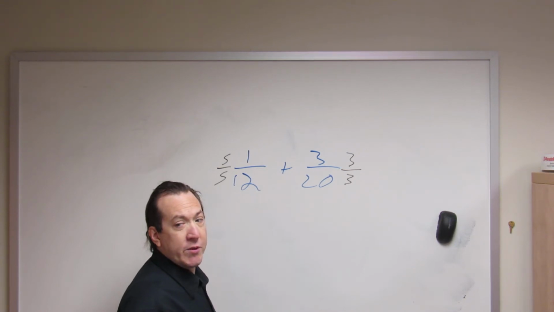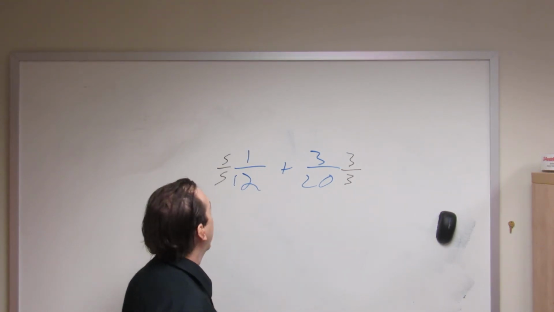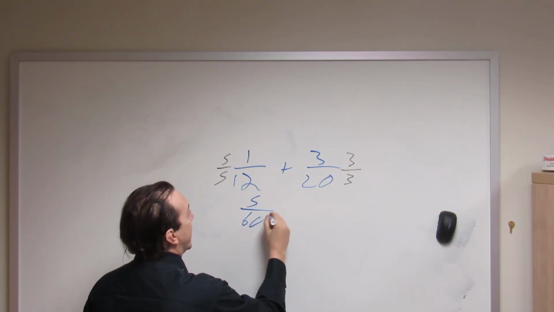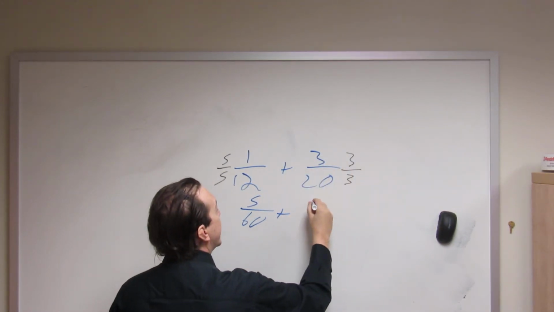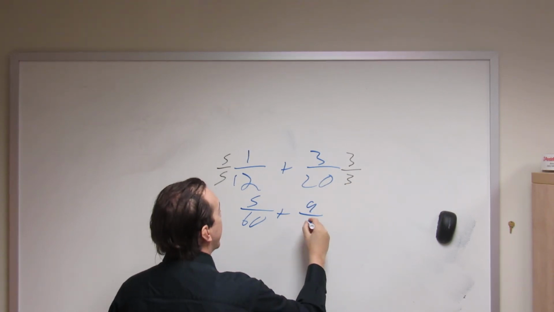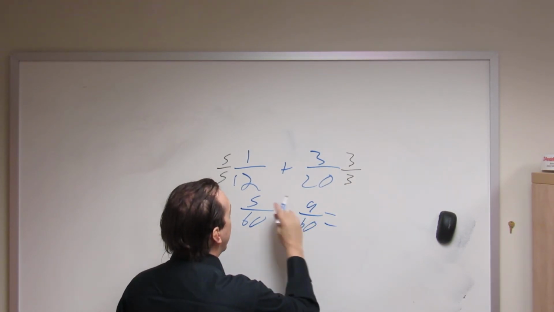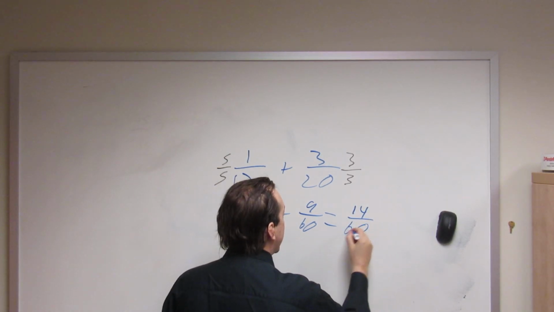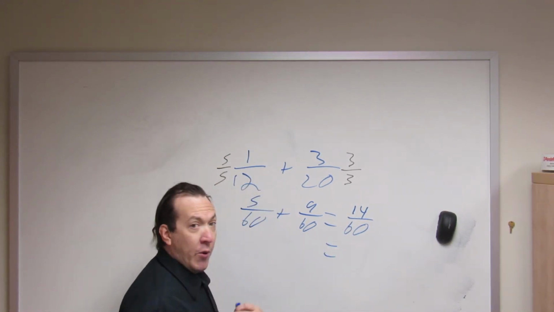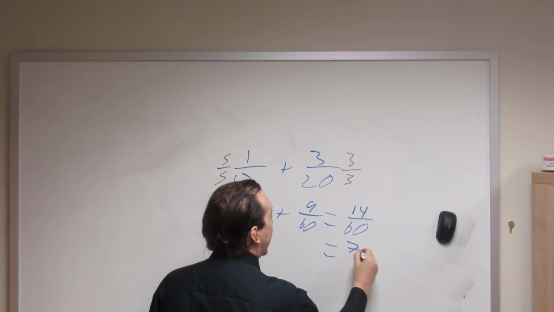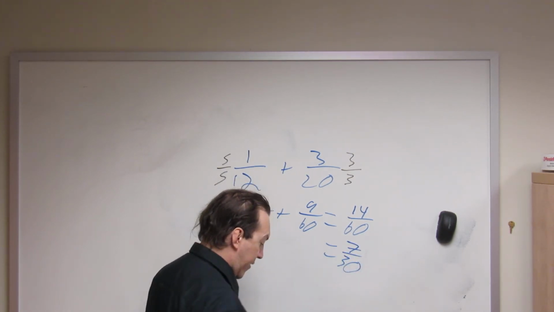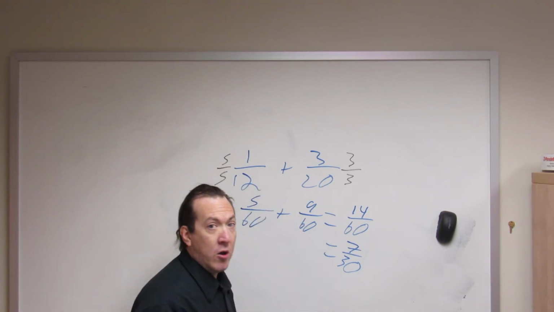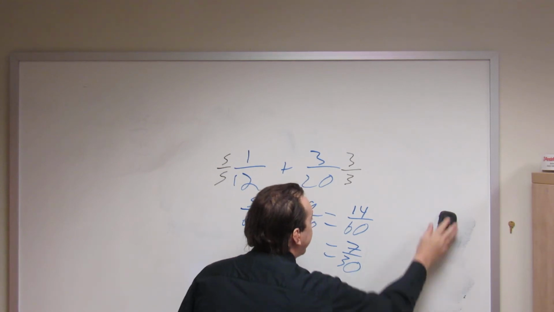We're basically just multiplying both of them by 1. So 5 times 1 is 5. 5 times 12 is 60. Plus 3 times 3 is 9. 20 times 3 is 60. 5 plus 9 is 14 over 60. But we can divide both of those by 2, so we get 7 over 30. Make sure you simplify all your fractions at the end.